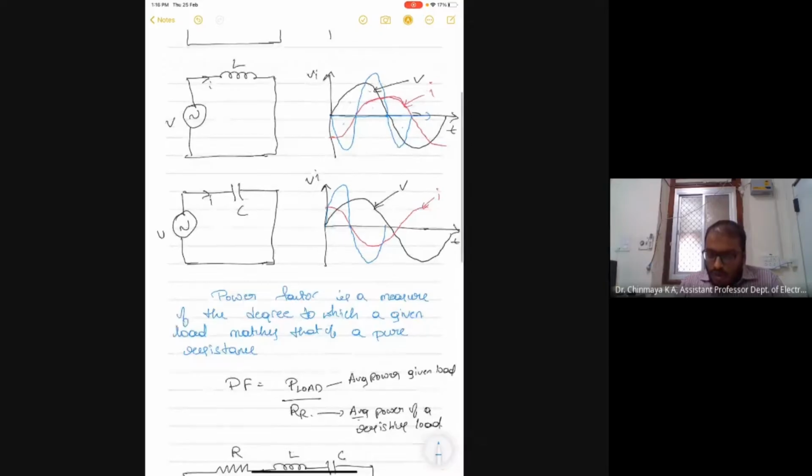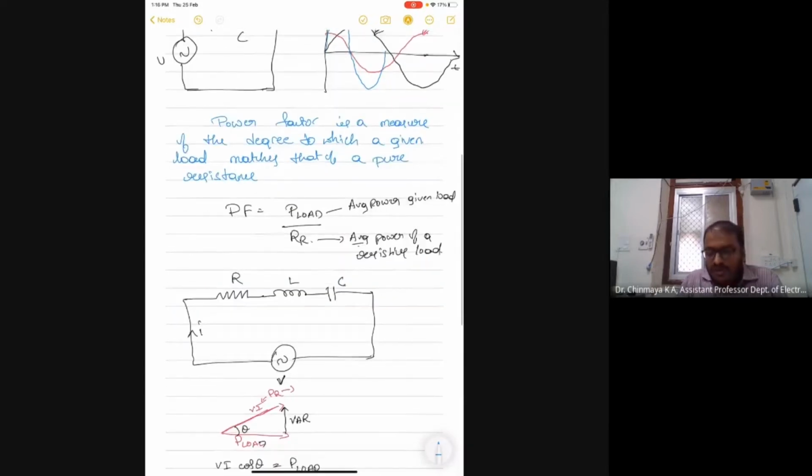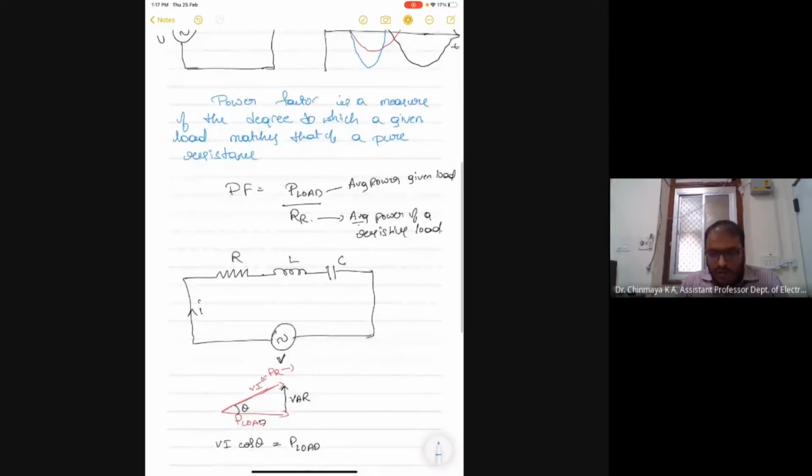So how can we define a power factor? Power factor is a measure of the degree to which a given load matches that of a pure resistance. As you can see in this diagram, we have an RLC load. In this circuit, there will be active power and apparent power. The overall power actually absorbed by the load is the active power, the average power given to a load.